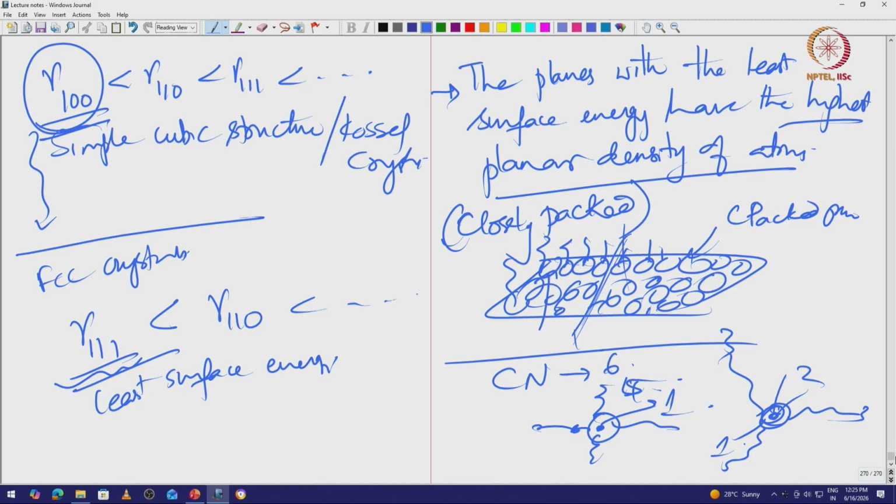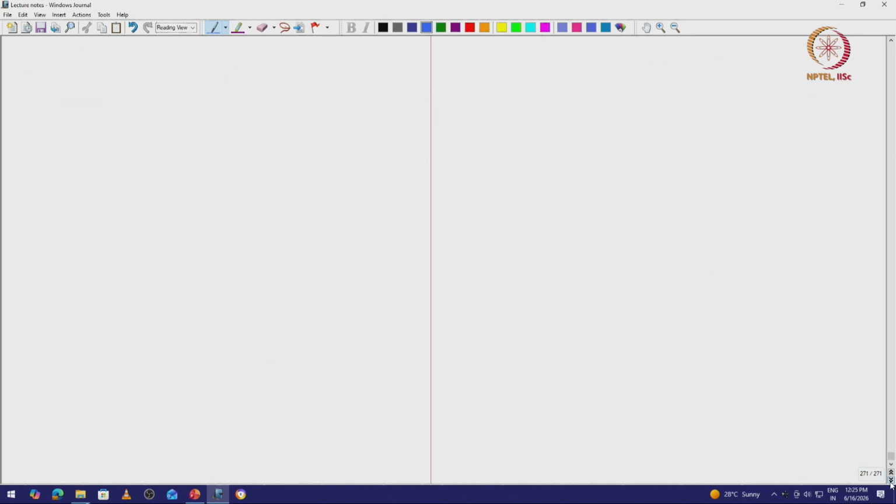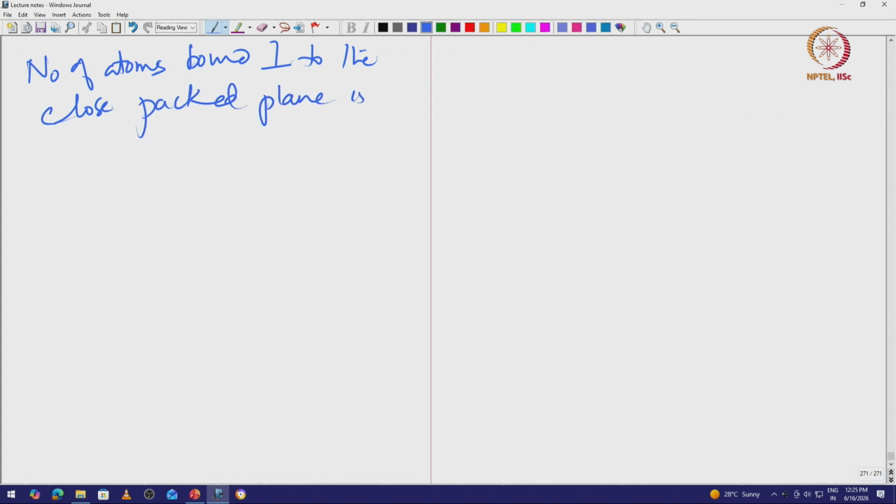So, the number of atoms bound perpendicular to the close packed plane is the least, and that is why the surface energy is lowest.